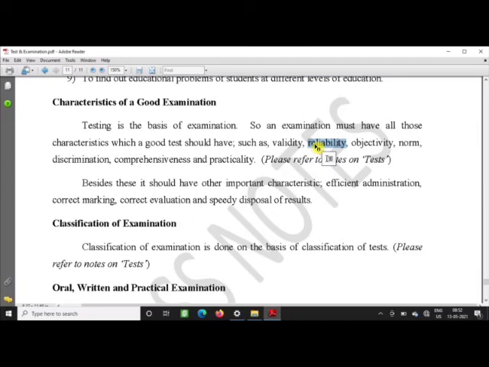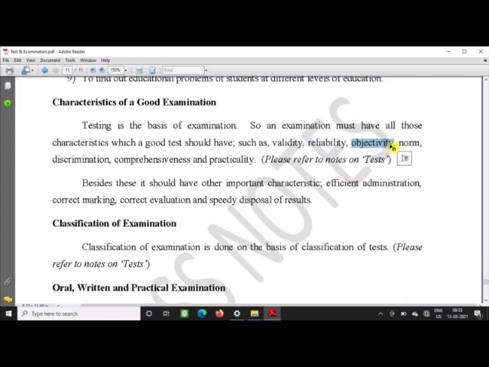Okay, to maintain the reliability, you have to maintain the norms. The norm here is that you are constructing a question paper of class 10 history, and you have to take questions from class 10 history only. Objectivity, here we are talking about objectivity: all examinations have a particular objective.